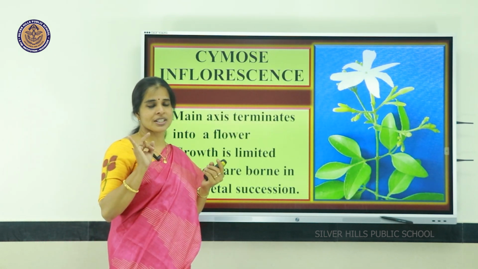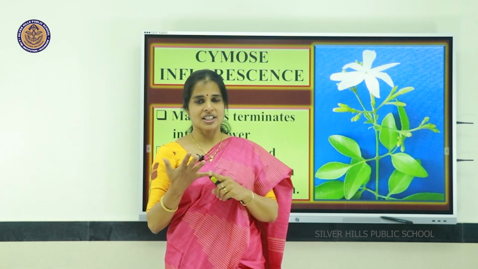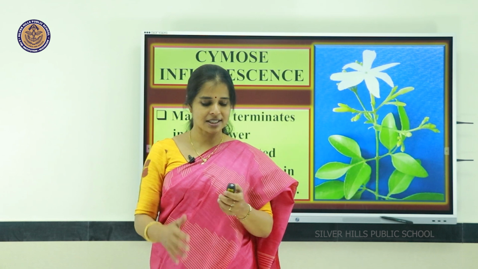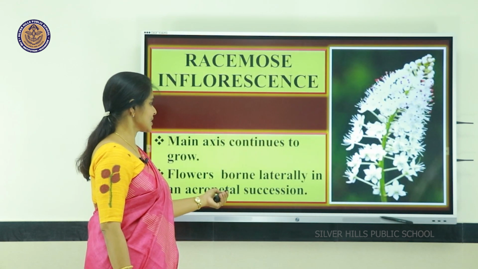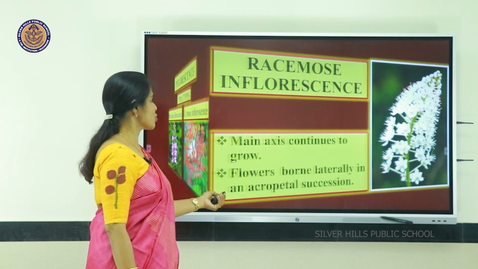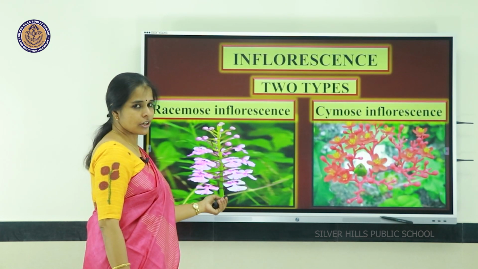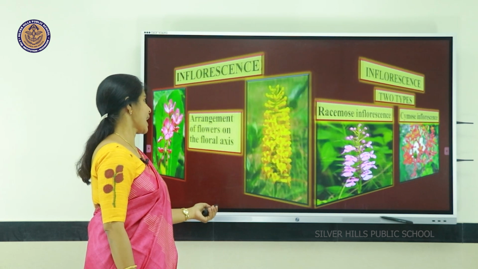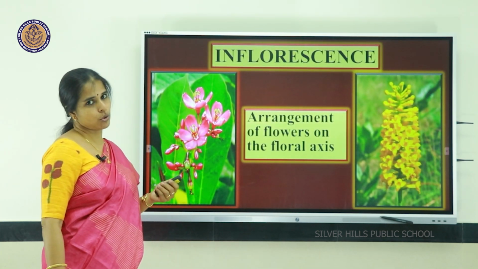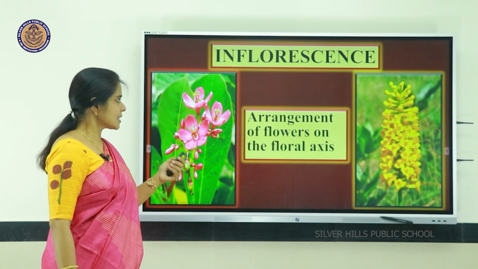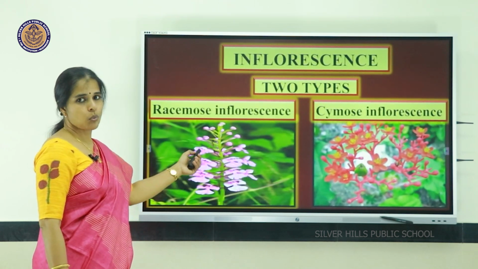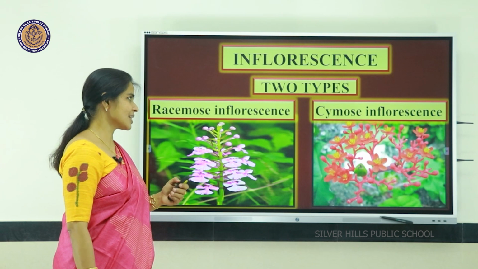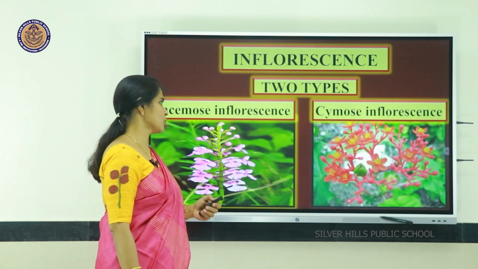So, inflorescence is of two types, racemose inflorescence and cymose inflorescence. Once again, the arrangement of flowers on a floral axis is known as inflorescence. This arrangement is of two types: one is racemose inflorescence, the other is cymose inflorescence.